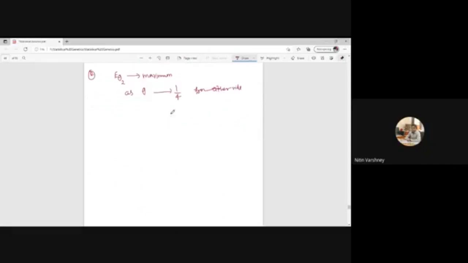This means absence of linkage. I told you when P is equal to 0.5, there will be no linkage.